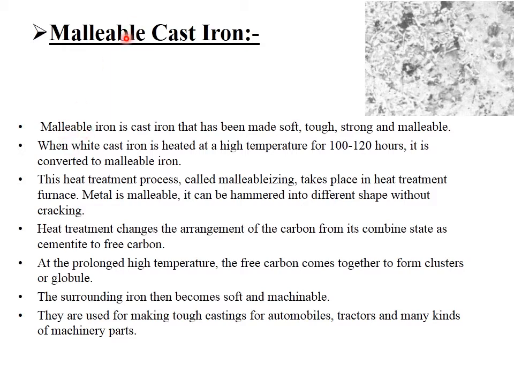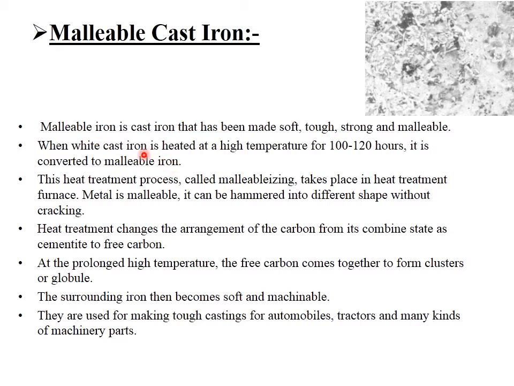If I want to derive a malleable cast iron, then I need a white cast iron as a raw material. When I do some heat treatment on my white cast iron, I can convert that white cast iron into malleable iron.